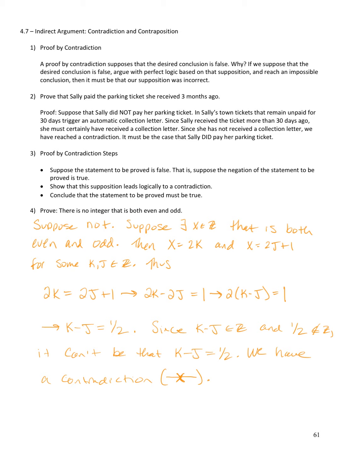Okay, another example of a proof by contradiction. We want to prove that the sum of a rational number and an irrational number is irrational. So we're going to suppose not, right? Suppose this is not true. That is, suppose the sum of a rational and an irrational is rational.